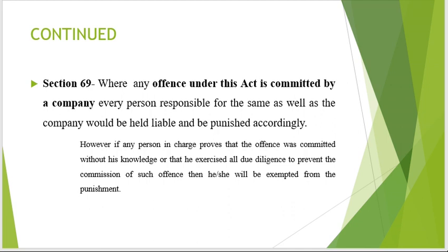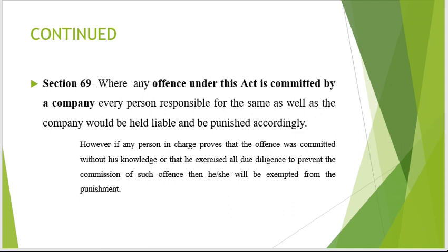A company is an entity in itself, the name and the building and the structure and the credentials of a company, it is a separate entity, and all the members of the company are separate entities. So if any wrong is committed by a company, there can be circumstances when only the company would be punished and not the members.